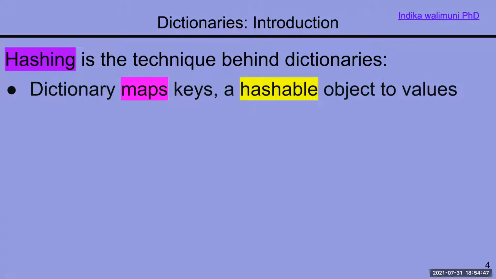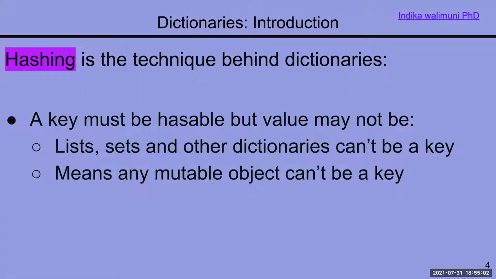We use this hashable object, which is a key, and associate values to that key. A key must be hashable, but values may not be, so you can have values that are not hashable as well. But a dictionary key must be hashable, so we cannot use lists or sets.